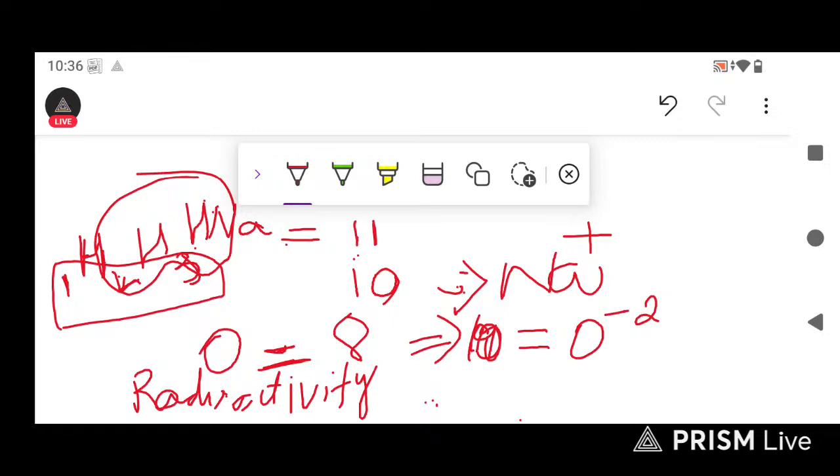Okay, so this is all about the mass number and proton number or atomic number. I gave you the simple trick to find all that.